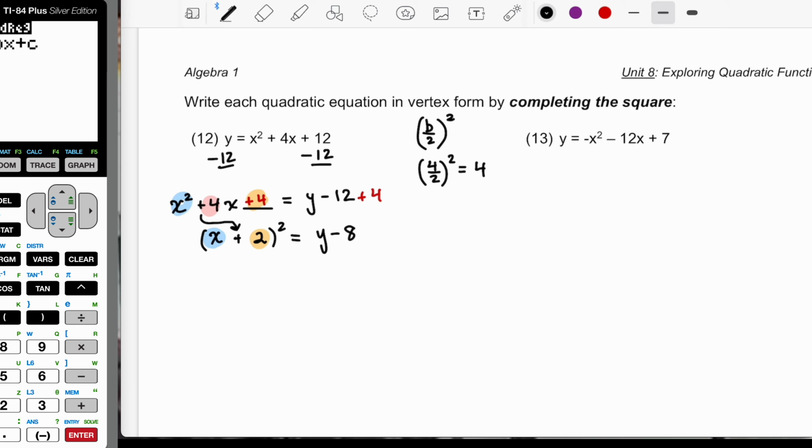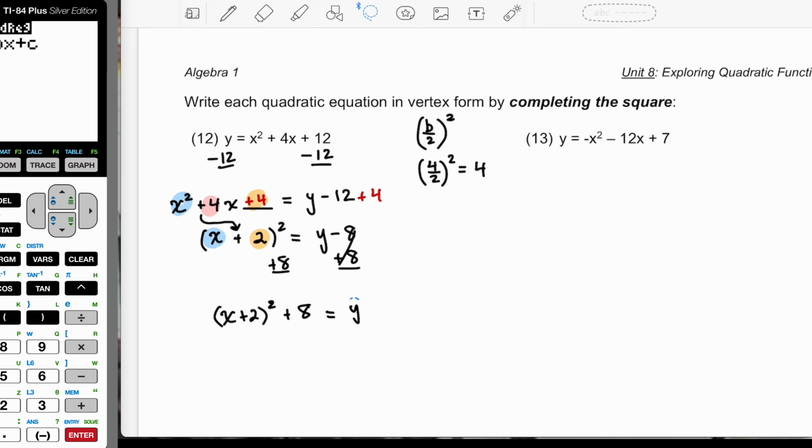Now, if this were completing the square to solve a quadratic, we'd have to take the square root of both sides. It would get messy. We'd have the plus and minus. None of that here. All I have to do now is add the 8 back. So I'm going to get y is equal to x plus 2 squared plus 8.